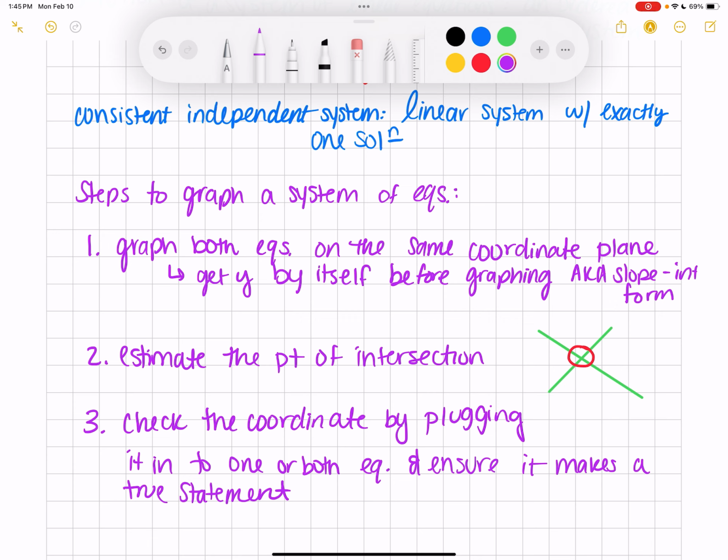So some of the problems may simply give you two equations and a point, and it may say to check it to verify that it is a solution, and if it's not, then you say that it's not. And then there's going to be somewhere we're actually graphing, which is why I said you're going to want graph paper.